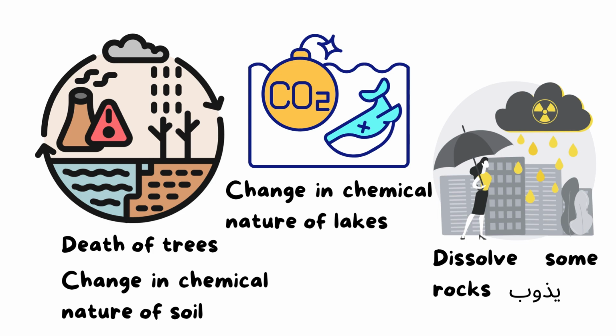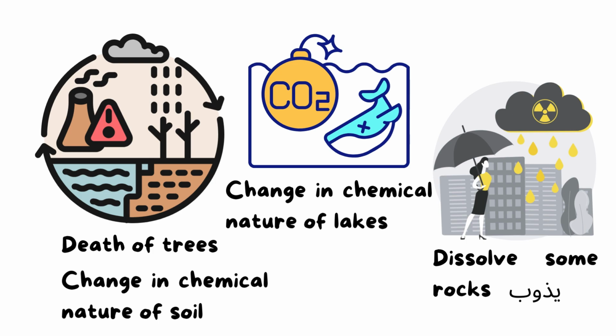Also, it will change the chemical nature of the soil, as when this acid rain falls on the soil, it will change its chemical nature, as this is not natural water, it's water combined with carbon dioxide, and this is called acid rain. So it will harm the soil and harm the trees.